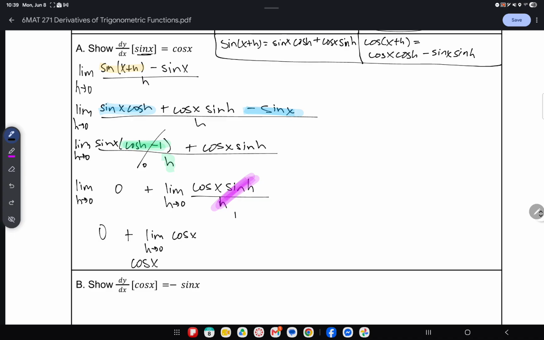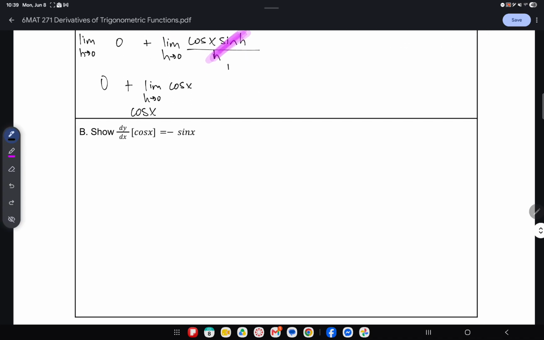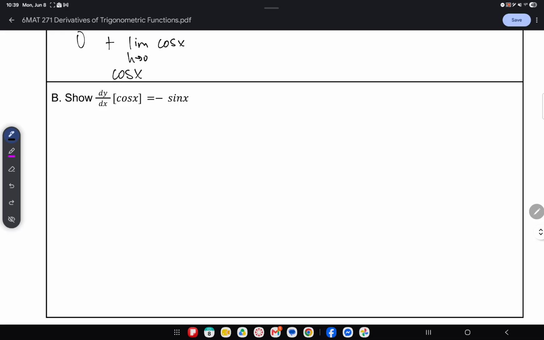All right, so let's do the same thing for cosine. And I'm going to break it in half so that I can do the tangent of x as well. Okay, so we have the limit as h goes to 0 of cosine of x plus h minus cosine of x all over h.